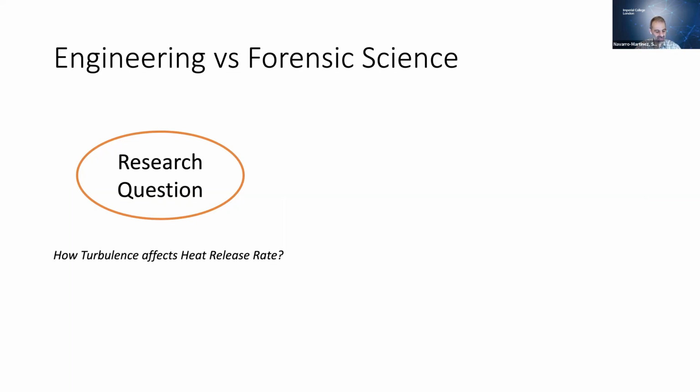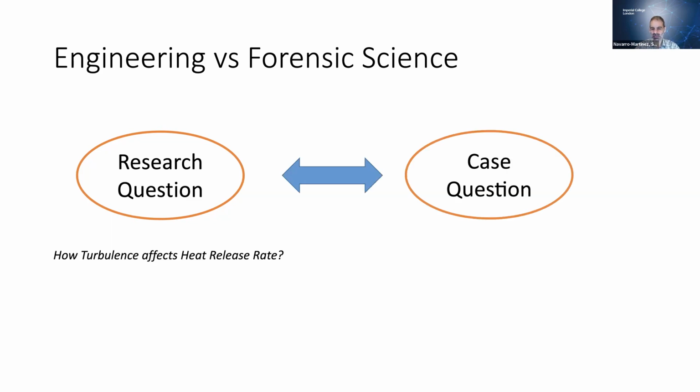However, in forensic science, we often deal with a case question, and the question is very specific. In research, we always aim for a formula, a number, a quantity, a correlation, and we can use that to design a better system. In a case, the questions are very, very specific.